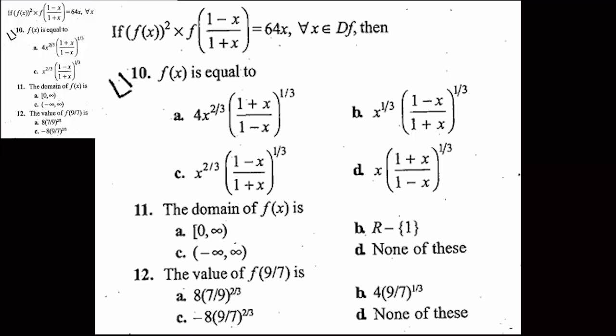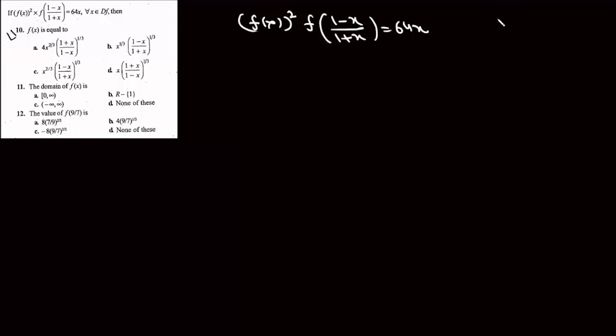Now here the question is f(x) square into f((1 minus x) upon (1 plus x)) is 64x. We need to find f(x). Now this again is a cyclic substitution, because we know that if we replace x with (1 minus x) upon (1 plus x) in this expression itself, then it will be (1 minus x) upon (1 plus x), and 1 plus (1 minus x) upon (1 plus x).